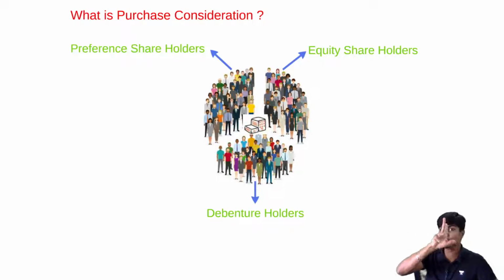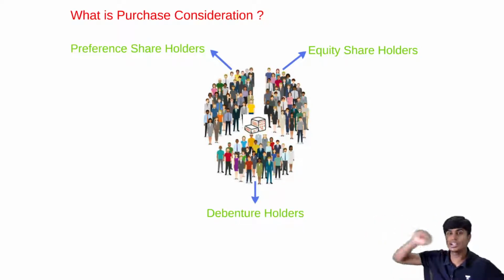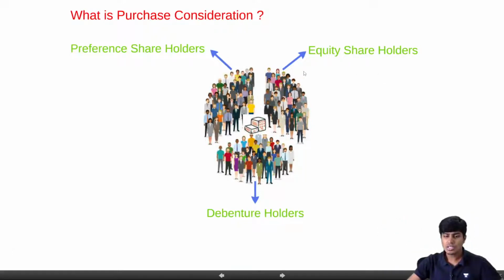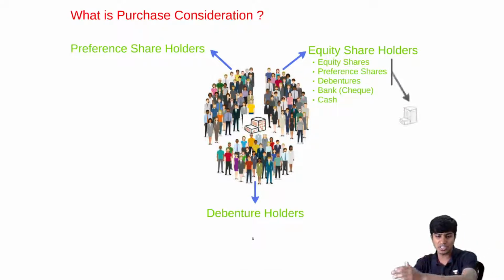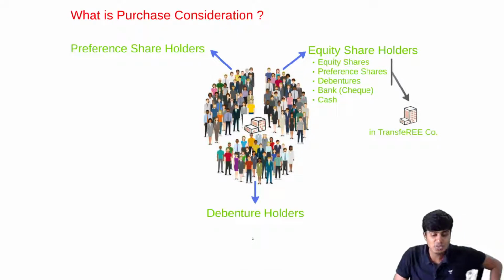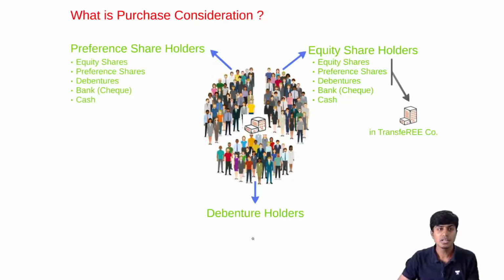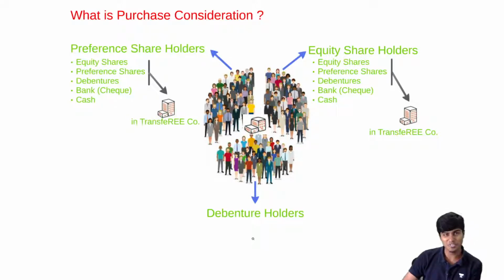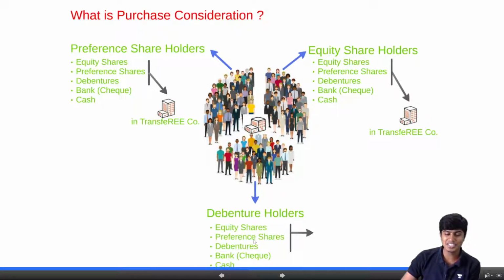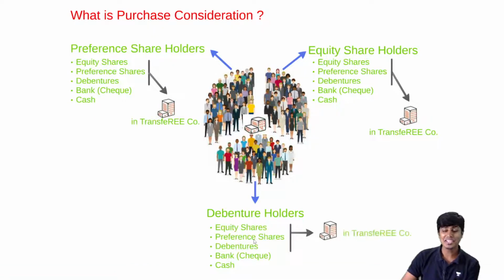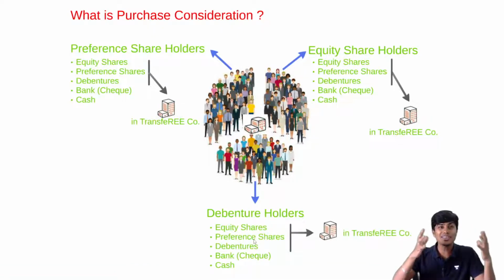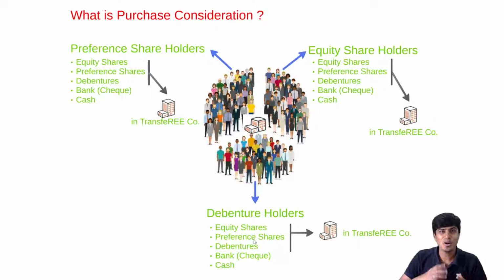So when I've given purchase consideration in all of these five forms to the transferor company, it will give some of it to equity shareholders, some to preference shareholders, and some to debenture holders. When equity shares, preference shares, debentures in the transferee company, and cheque as well as cash are given to equity shareholders, and again the same to preference shareholders, and again the same to debenture holders, what is PC?